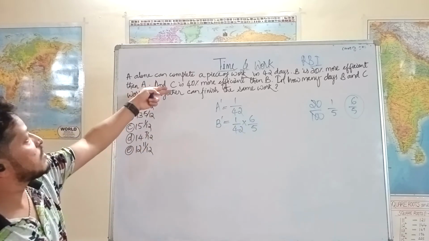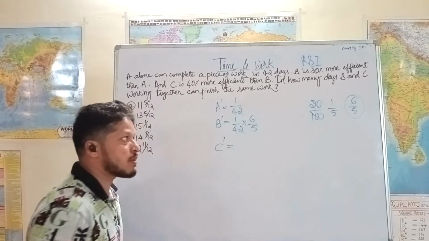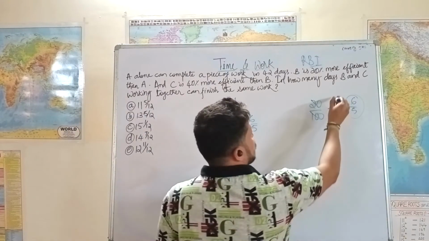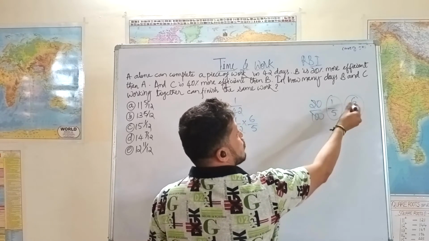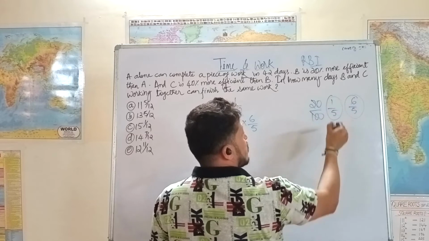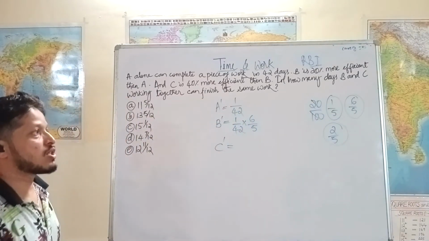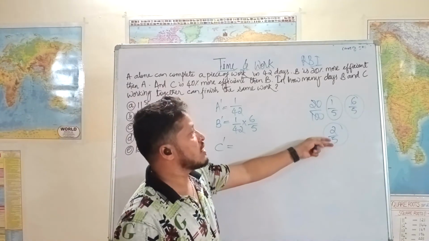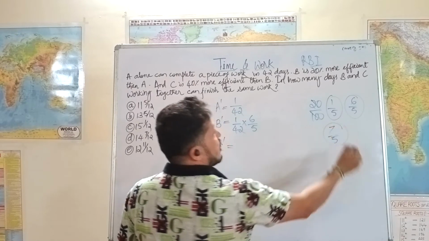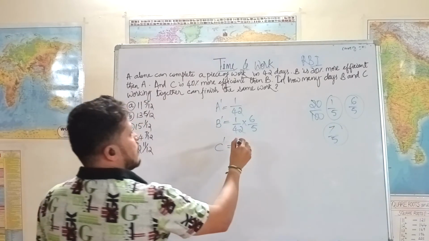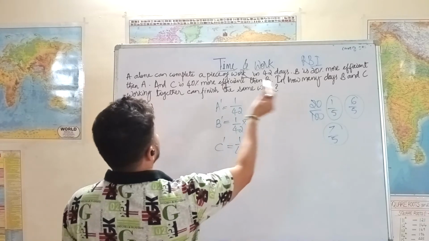Now what is C's efficiency? It's 40% more. What is 40% more? See, 20% is 1/5, right? So we added 1 to get 20% more. If you add 2 times, then we get 2/5 as 40% extra. Like 5 is 100%, then 7 is 140%. So it's 40% more than B, right?